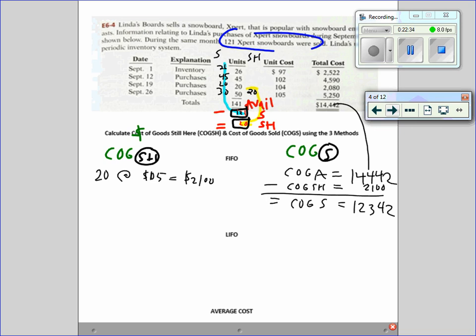I would like you to try this. You have a nice, beautiful cheat sheet now. I would like you to go on to 6.5. What are we selling in 6.5? We're selling units.